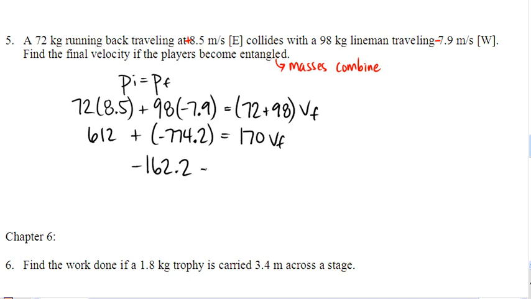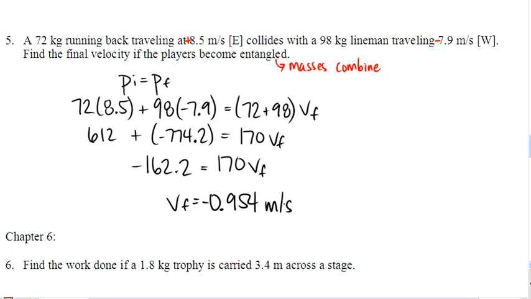Negative 166.2 equals 170 VF. Final velocity of negative 0.954 meters per second.